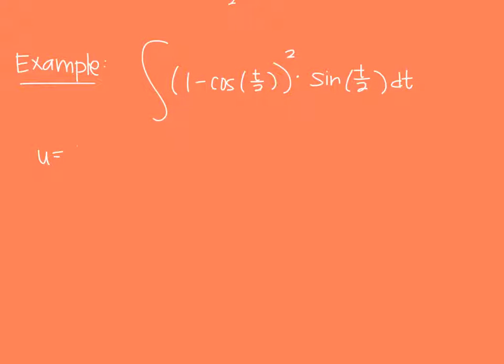So my u choice right now is going to be 1 minus the cosine of t over 2. And choosing u well comes with experience. Most of you have a whole year's worth of experience on picking the right u. So you'll find you're choosing your u to be a lot easier. All right, our differential on u is going to be the positive sine of t over 2 times the chain rule of 1/2 dt.